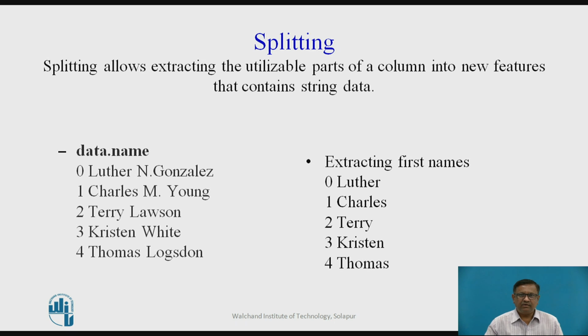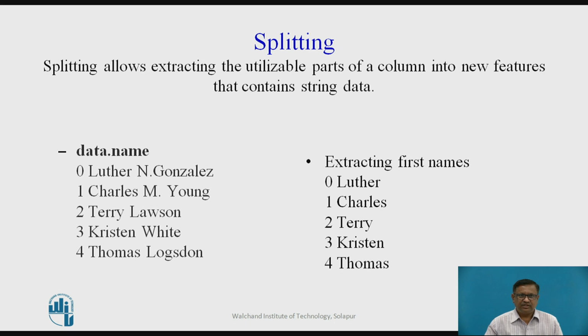Then we have another technique of working with features, that is splitting. Splitting allows extracting the utilizable parts of a column that contains string data into new features. On the left side, a very simple example is taken. There are two columns, the index 0, 1, 2, 3, 4, and the name of the person.